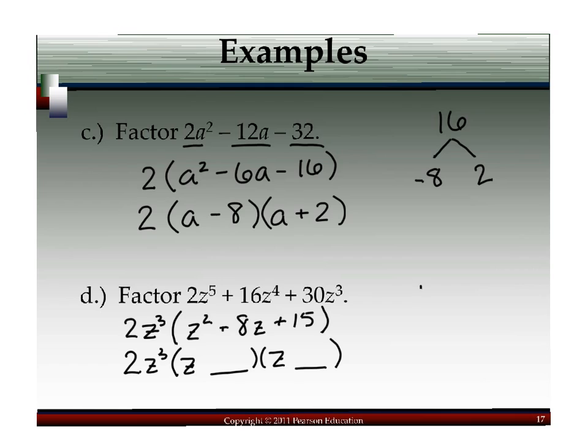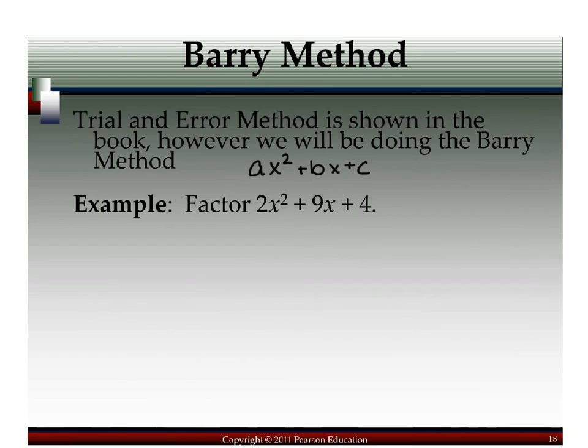So two factors of 15 that add up to be 8 are 3 and 5. So place a plus 3 and a plus 5 here. And we're done. That is factored completely there. Let's go on to another part.